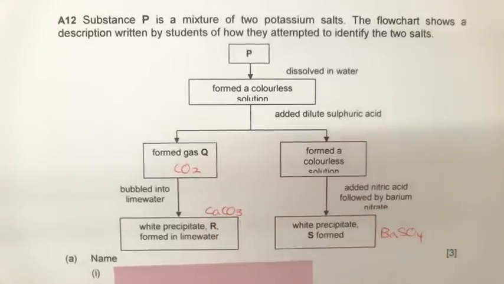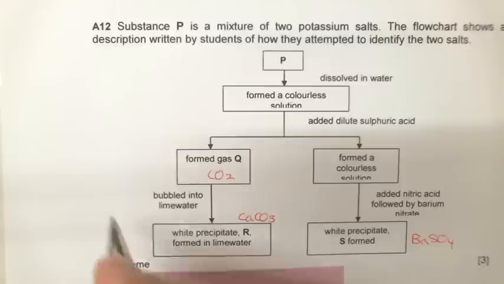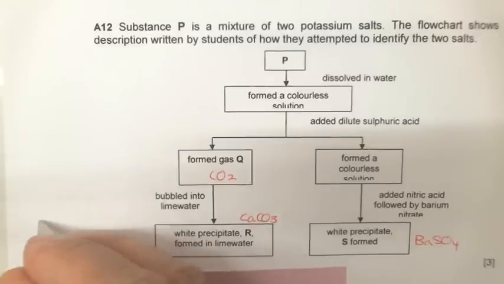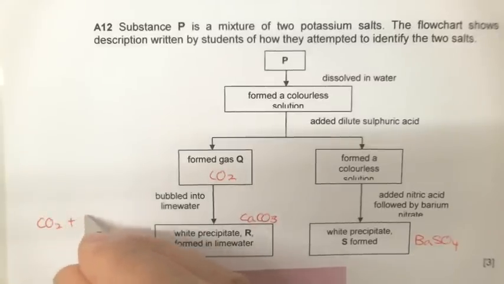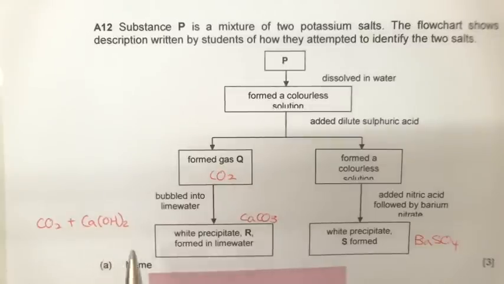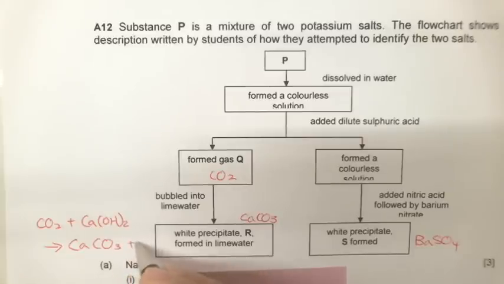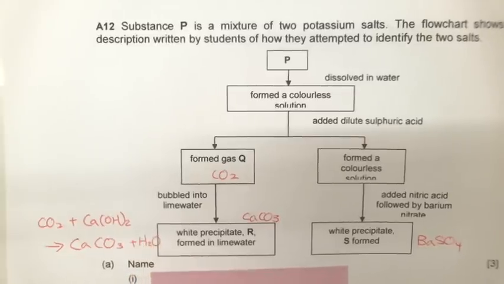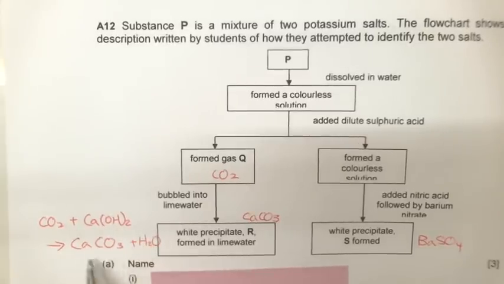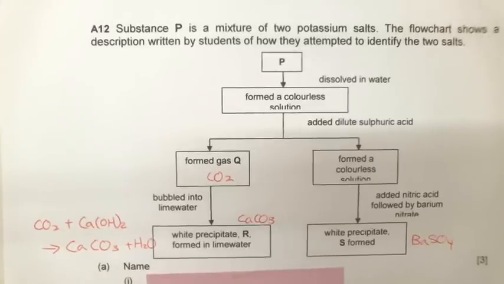In case you do not know, what happens is this: carbon dioxide reacts with calcium hydroxide, which is the lime water, giving you calcium carbonate and water. That calcium carbonate is the white PPT you always see.